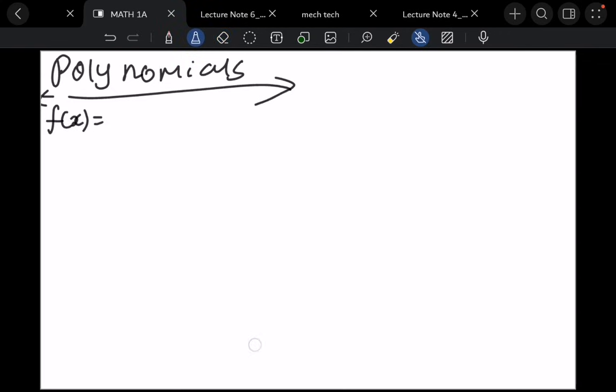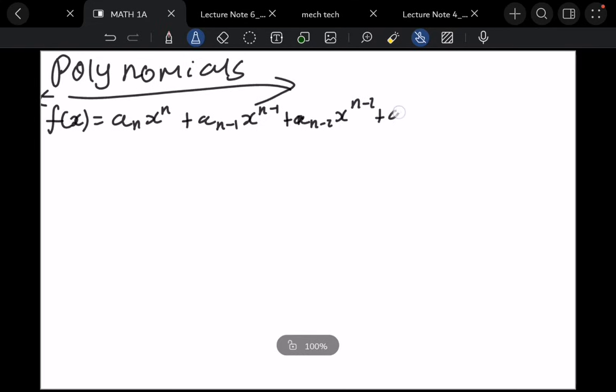f of x is equal to a sub n x to the power n plus a sub n minus 1 x to the power n minus 1 plus a sub n minus 2 x to the power n minus 2 plus a sub n minus 3 x to the power n minus 3 plus a sub n minus 4 x to the power n minus 4 plus so on.